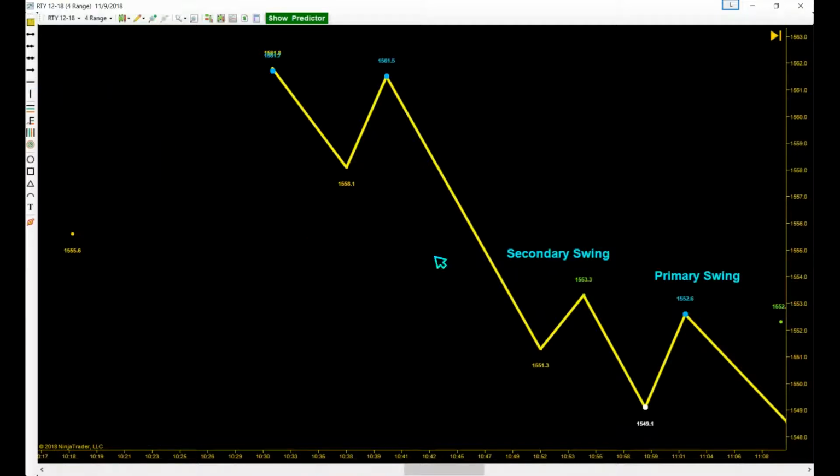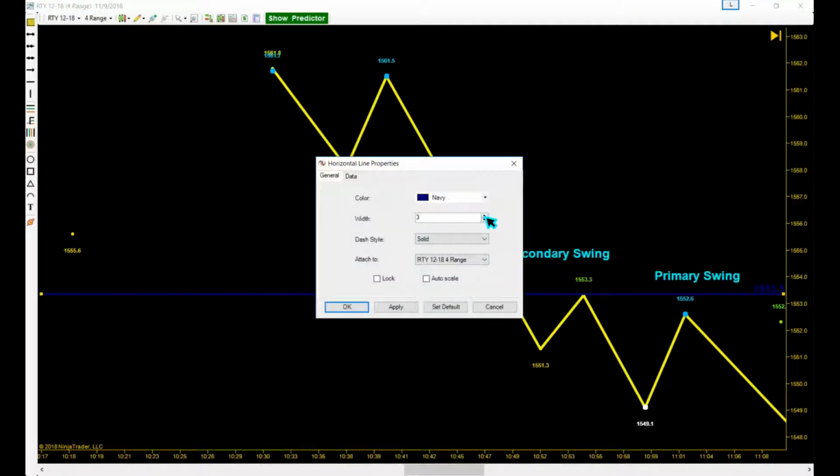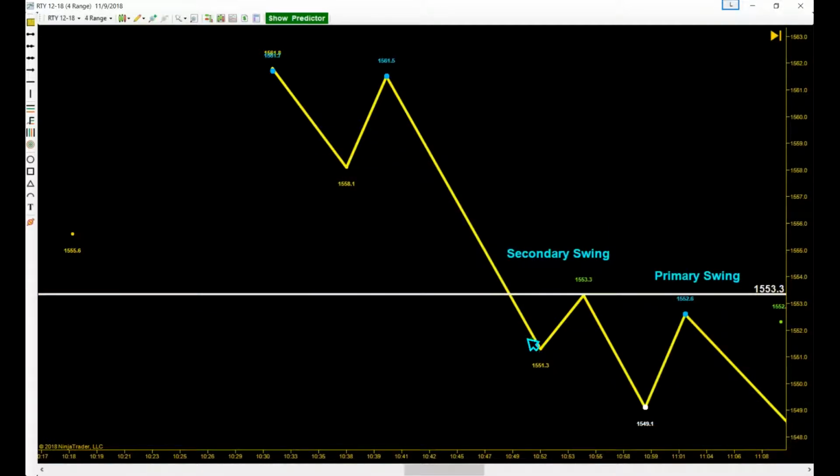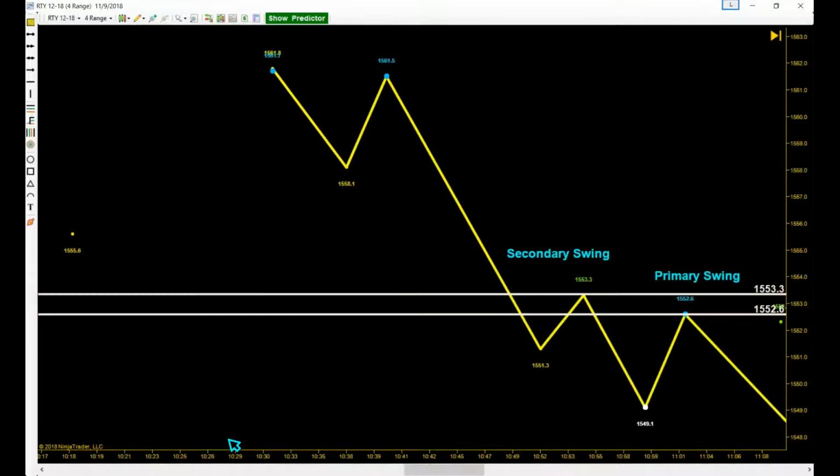So basically, what I do is I draw a line on my charts, and I draw a line at the primary swing also. Now, keep in mind that Lightning 3 is actually a little bit larger swings. They're pretty important for trend changes. Okay, so you draw on your chart.